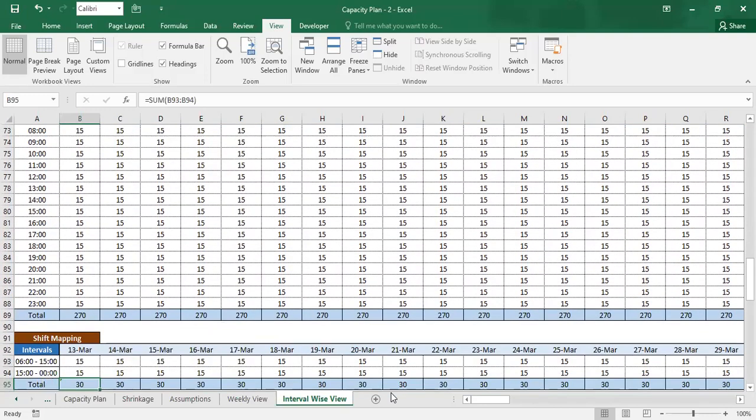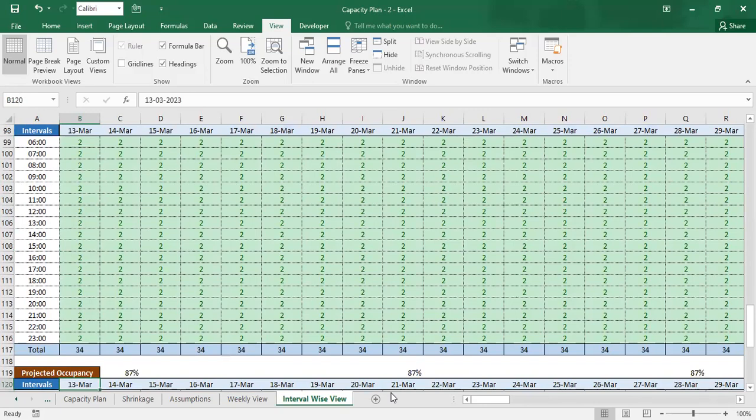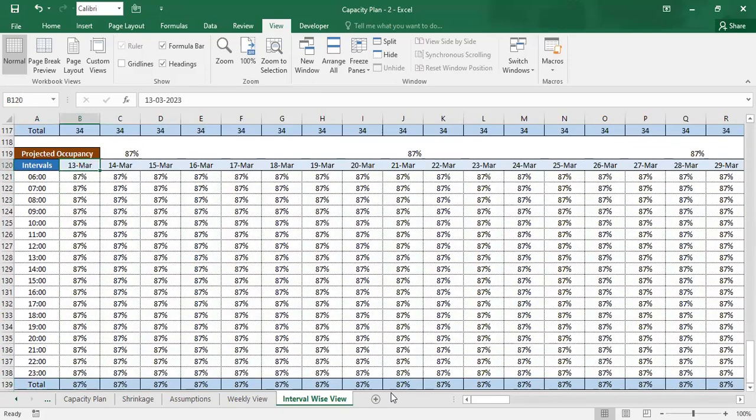Based on that, this is the mapping that I have given. Here you can see staffing over under, and the most important thing that we have is projected occupancy.